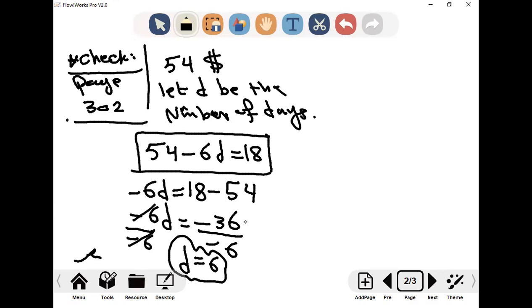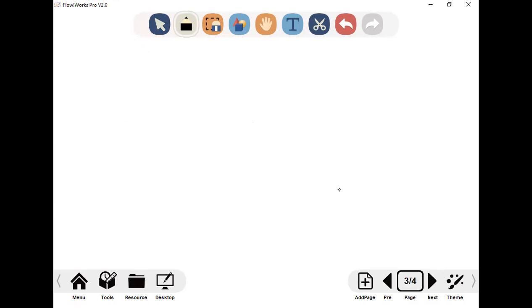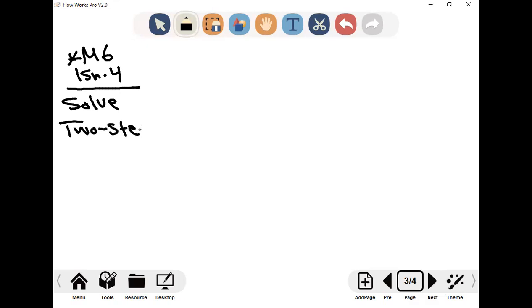Done? This check is done. Let's go to example 4, page 307. So, module 6, lesson 4. Solve another two-step equation, but with a different form.